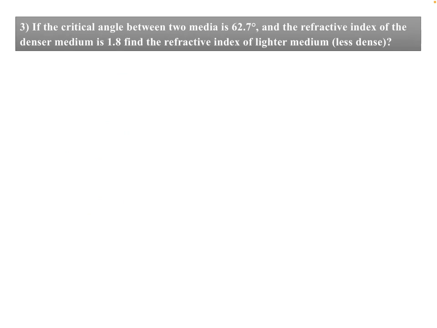Transfer to the next one. If the critical angle between two media is 62.7, phi c equals 62.7, and don't forget, the critical angle is from dense to less, and the refractive index of the denser medium, n dense, equals 1.8, find the refractive index of the lighter medium. Find n less. Who can tell me the answer?